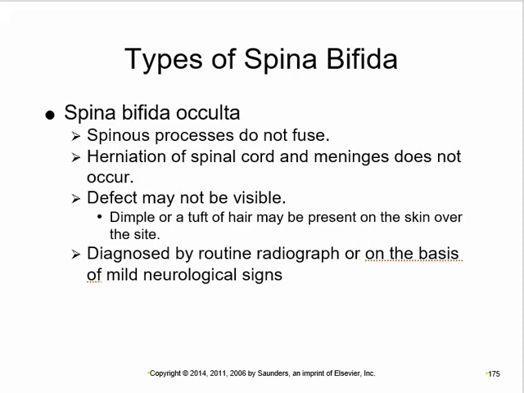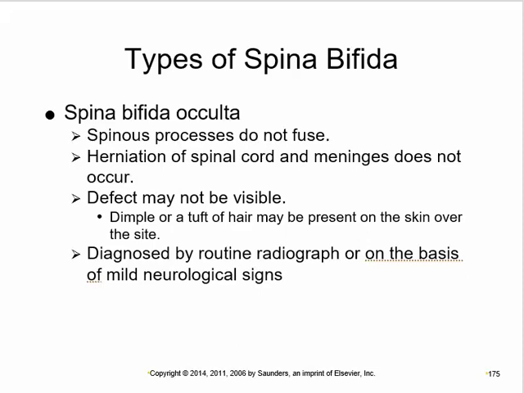Oftentimes you will see a little tuft of hair growing on the skin over the site. And it's very common. You see them on radiographs all the time. Usually there's no clinical significance to it. It's just a finding that is noted.